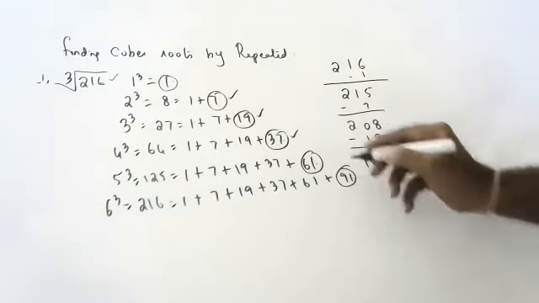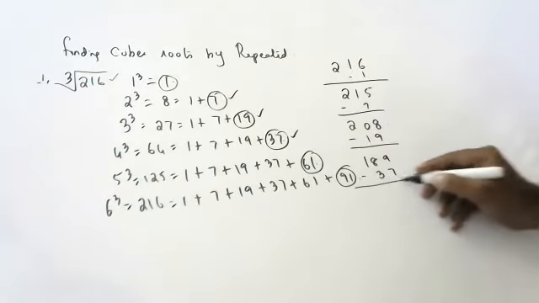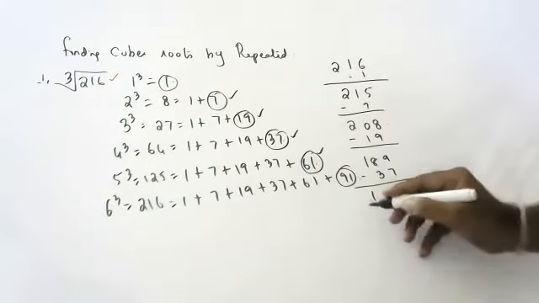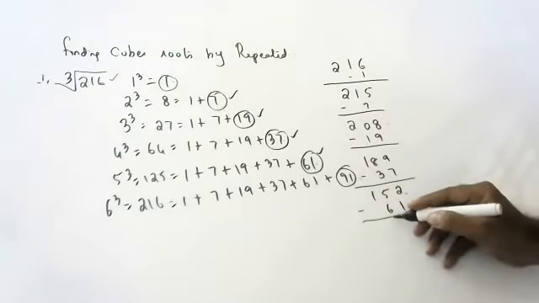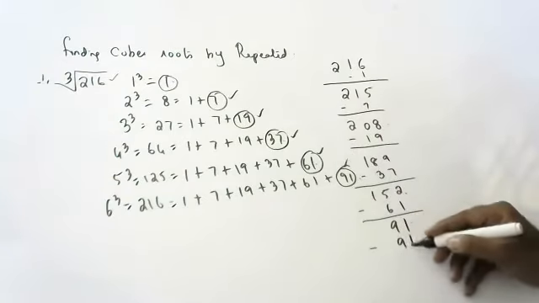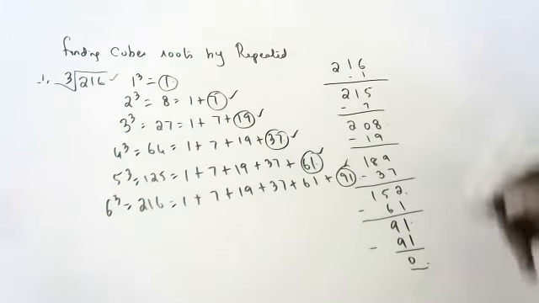From 189, subtract 37, which gives 152. From that, subtract 61, which gives 91. From that, subtract 91, so we get 0.